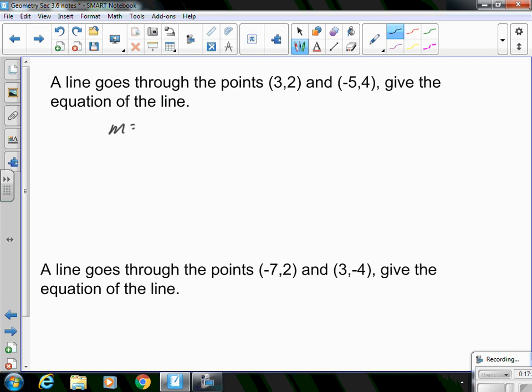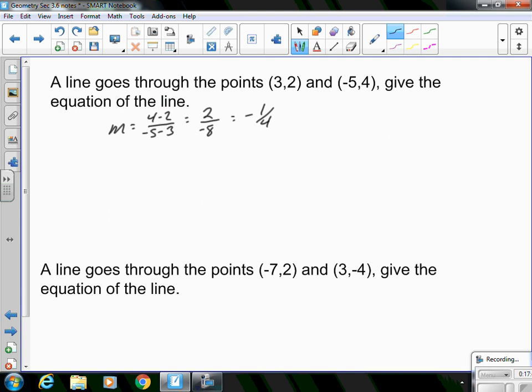All right, so take our 2 points, plug it into the slope formula. So 4 minus 2 over -5 minus 3. That'll be 2 over -8, or that'll reduce to -1/4 for our slope.